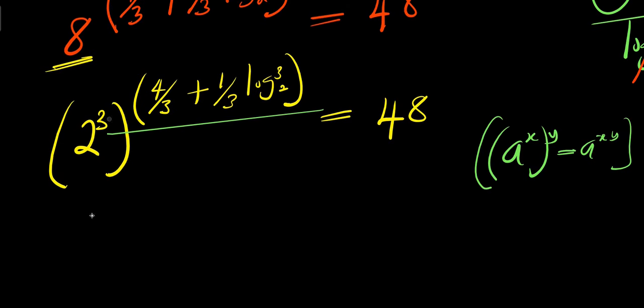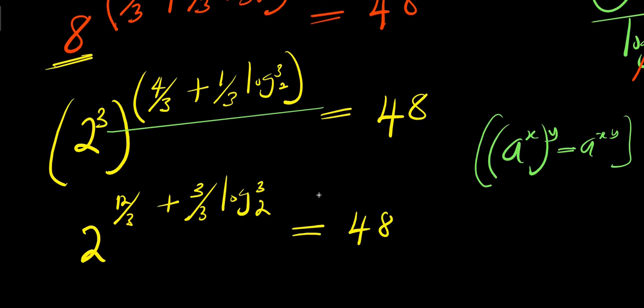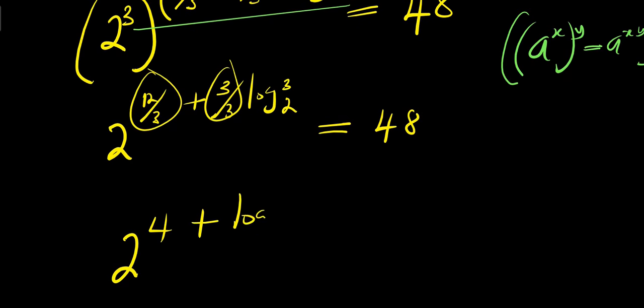So from here, I have 2 power 3 times 4, that is 12, divided by 3 plus 2 power 3 times 1 over 3, that is 3 over 3, of log 3 to base 2 equals 48. 12 divided by 3 is 4. We have 2 power 4 plus 3 divided by 3 is 1 of log 3 to base of 2 equals 48.